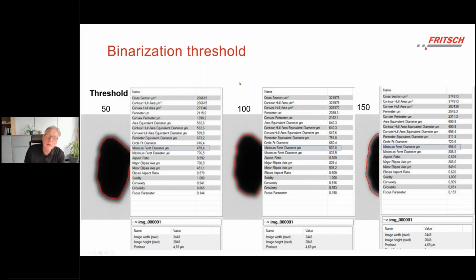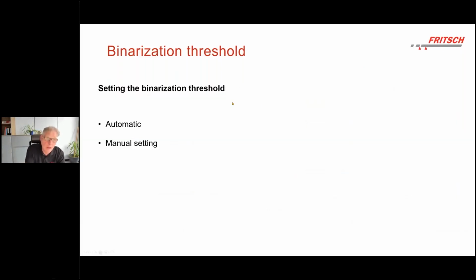Therefore, you always keep it constant for a given task, for a given system that you examine. And how to set this? Well, there are different possibilities. You can set it automatically, or you can set it manually. From my experience, setting it manually is very, very helpful, because the human eye is very powerful when it comes to determining where the corner of a somewhat blurred image actually is. This is really very helpful.